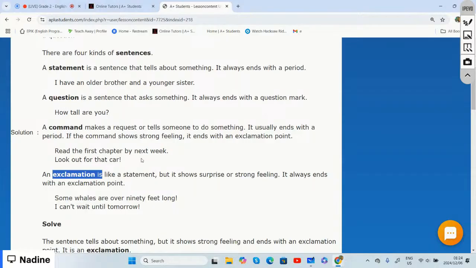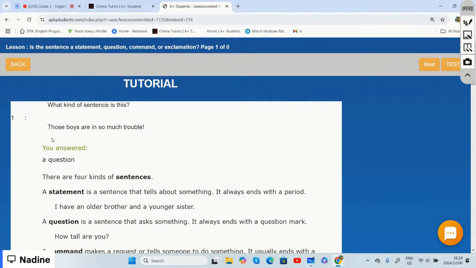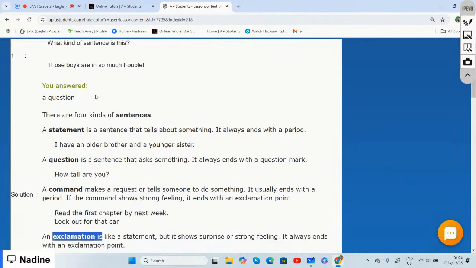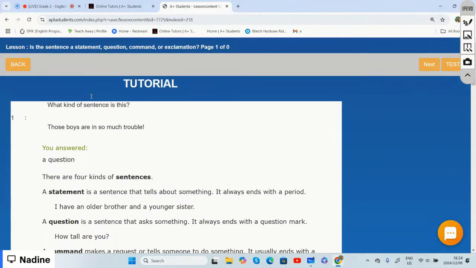All right. So now we need to say what kind of sentence this is, whether it is a statement, a question, a command, or an exclamation. It says those boys are in so much trouble.